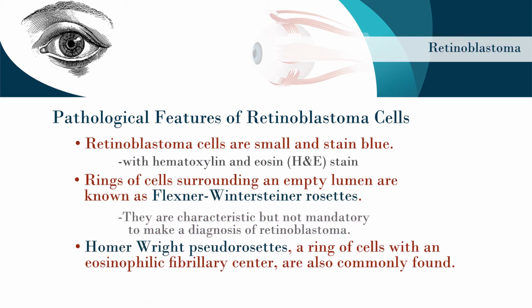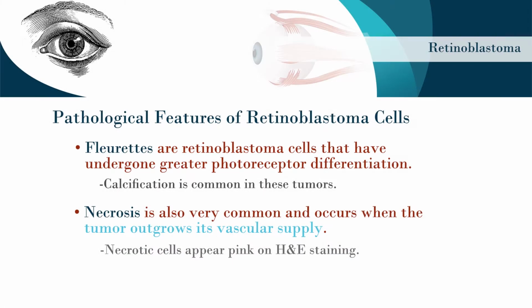Homer Wright pseudorosettes, a ring of cells around an eosinophilic fibrillary center, are also commonly found. Florets are retinoblastoma cells that have undergone greater photoreceptor differentiation. Calcification is common in these tumors.